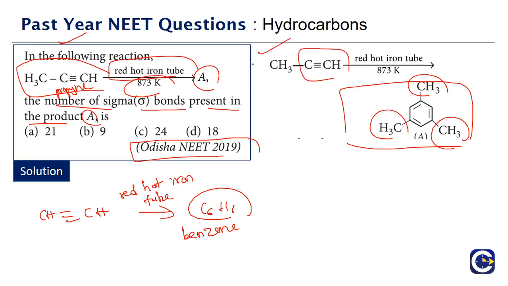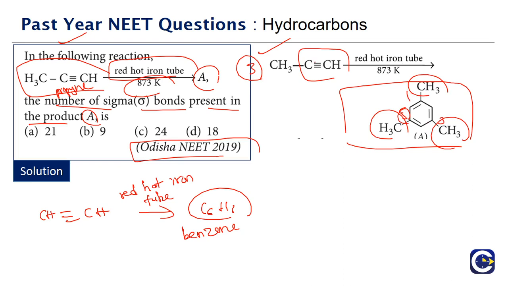The other units of the propyne combine to give us the compound, which can be named as what? The benzene derivative having the methyl groups at 1, 3 and 5 positions.